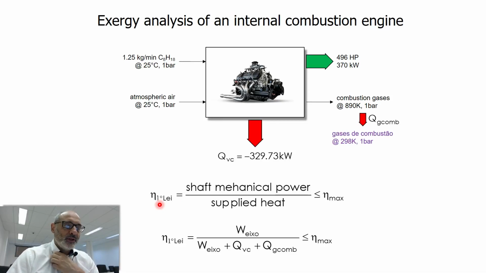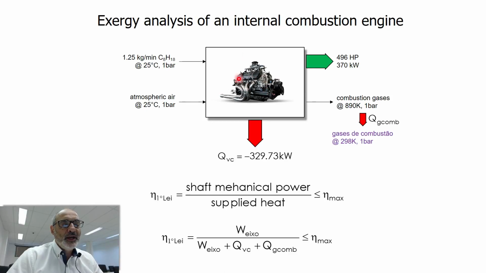Two working definitions, or actually one. I'm giving two different efficiencies. First law efficiency is defined as the liquid power, mechanical power, or shaft mechanical power, divided by supplied heat, the amount of heat that I'm supplying to this thermal cycle. And we know, due to the second law of thermodynamics, that it's less or equal to the maximum efficiency, which is the efficiency of a reversible cycle here.